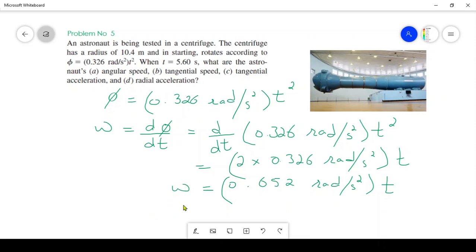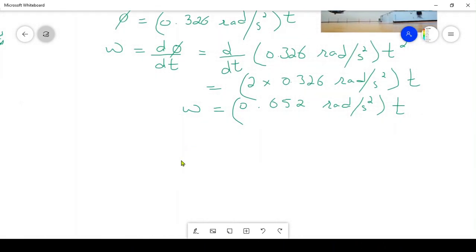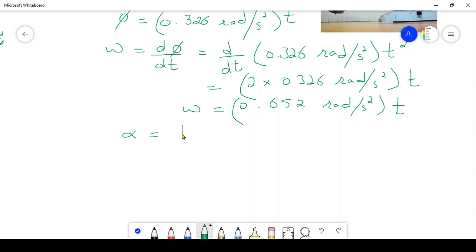If I want to find the relation for angular acceleration, then I need to take the derivative again of this angular velocity to convert this relation into angular acceleration. So if I take the derivative, alpha is equal to d omega by dt.